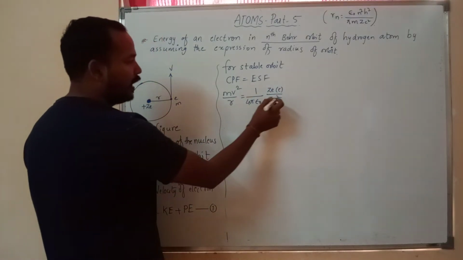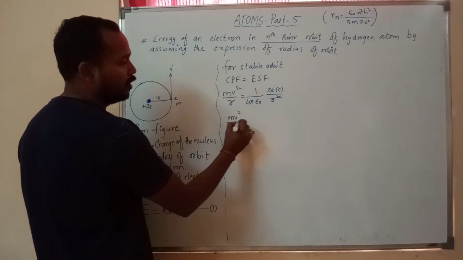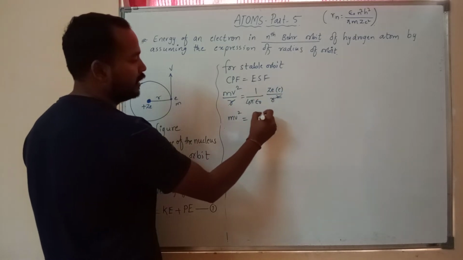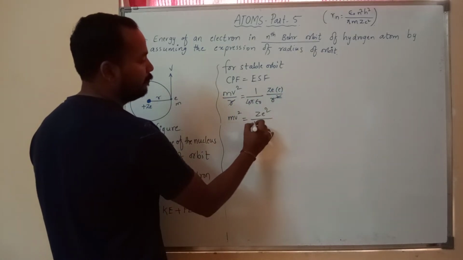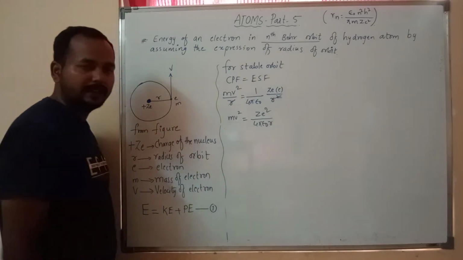So here one r will get cancelled. Remaining is mv square equal to Ze square divided by 4 pi epsilon naught, with one r remaining.